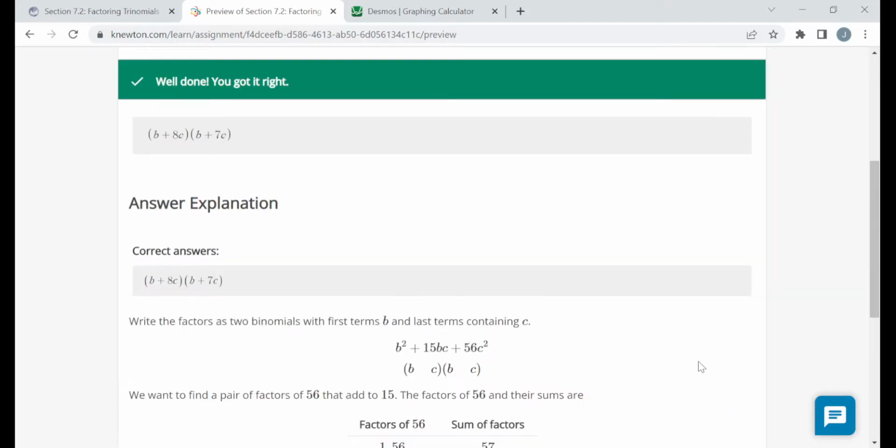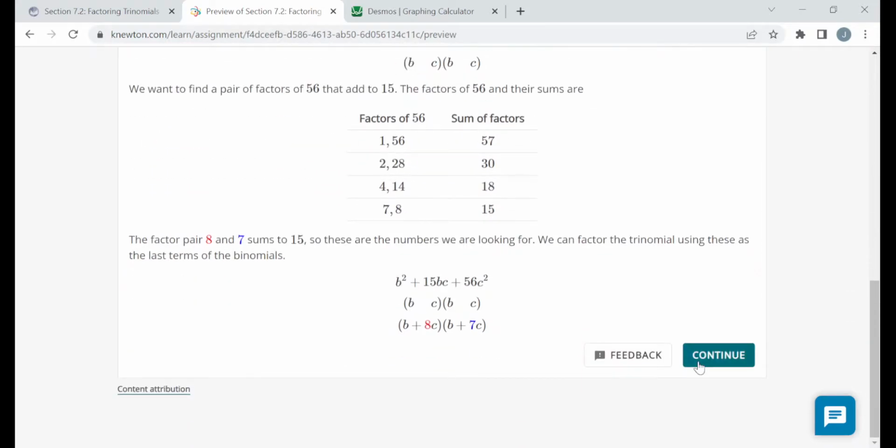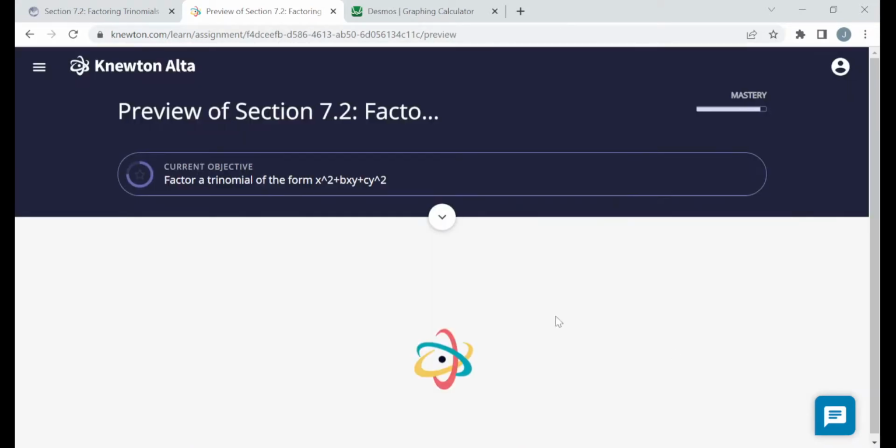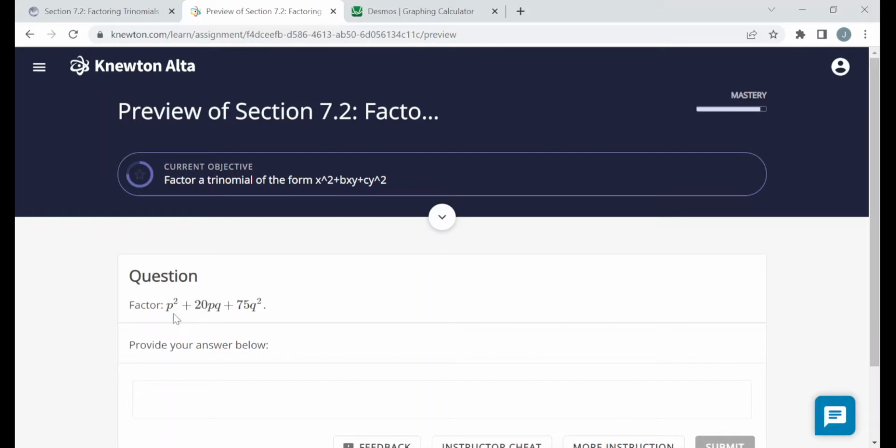Wonderful. And just one more of those. So here we have p squared plus 20pq plus 75q squared. Again, it's in that special form of a trinomial with a lead coefficient of 1 that we had for all these problems. So I just need to find factors of c that add up to b.